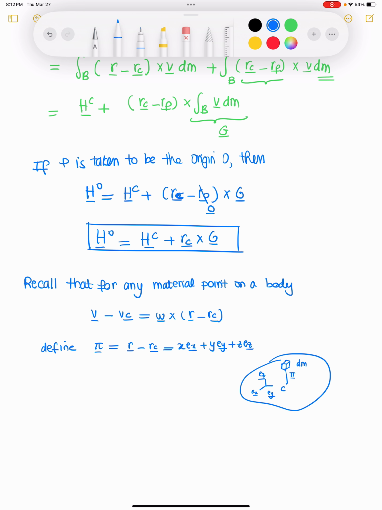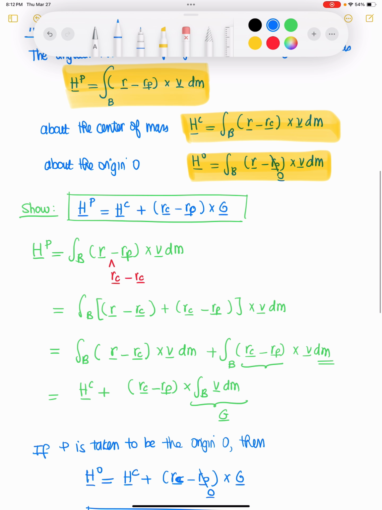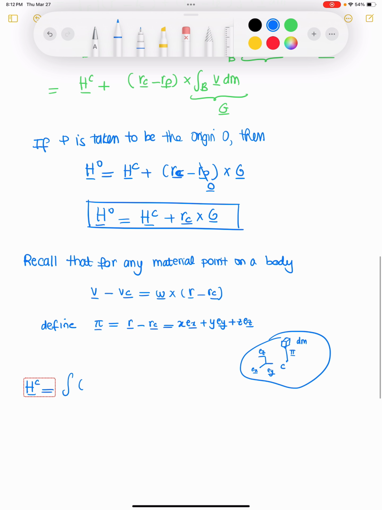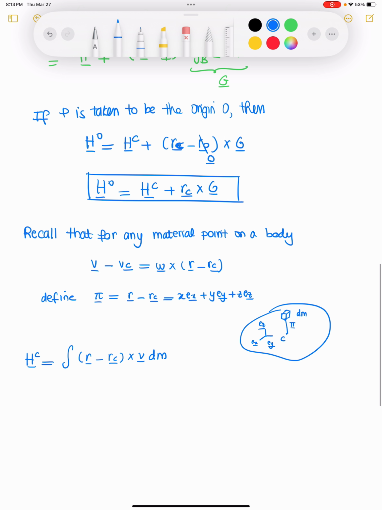So if I go back to my expression for hc, that was equal to the integral over the body of r minus rc cross v dm.